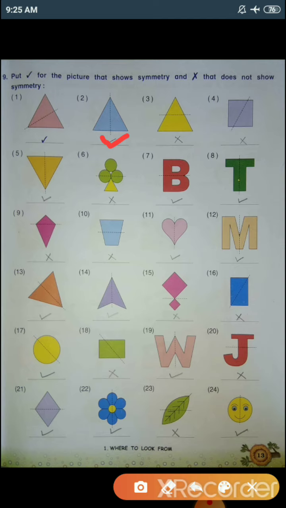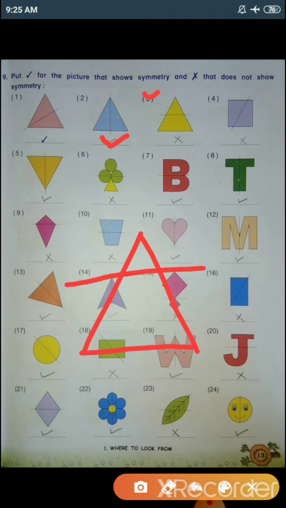Now question number 3. Again the shape is given as triangle, but now here the line is in horizontal side.